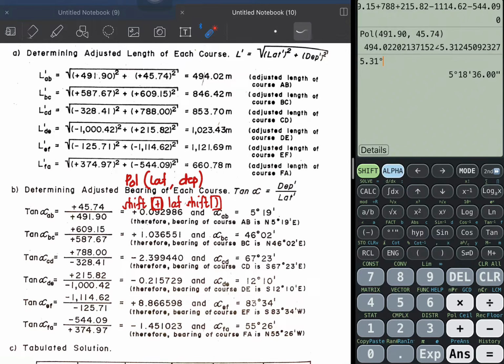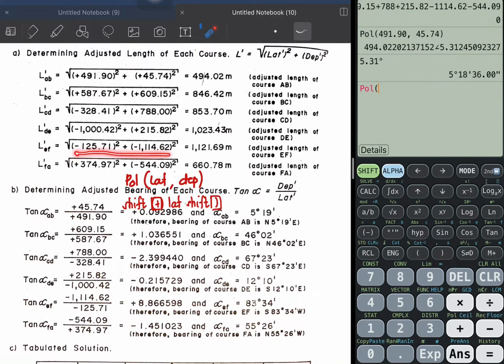Okay, so that is 5 degrees 18 minutes 36 seconds. So you can round it up to 5 degrees 19 minutes. For the direction, you already have this in the given values of direction for the bearing.